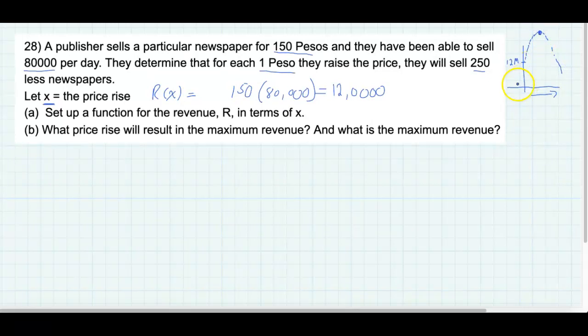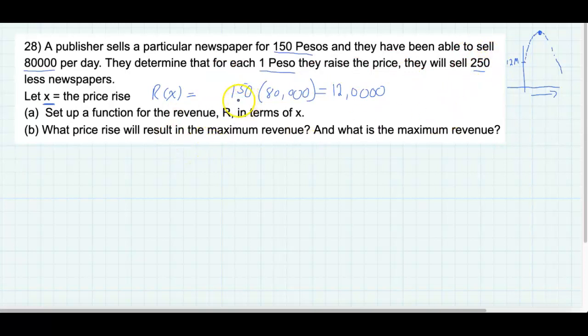That's what we want to do. We're going to lose some customers along the way, but we're gaining a lot of profit. We've got 80,000 right now. If we raise it 1 peso, that's a lot of money. We do lose some customers. So where's that maximum amount?